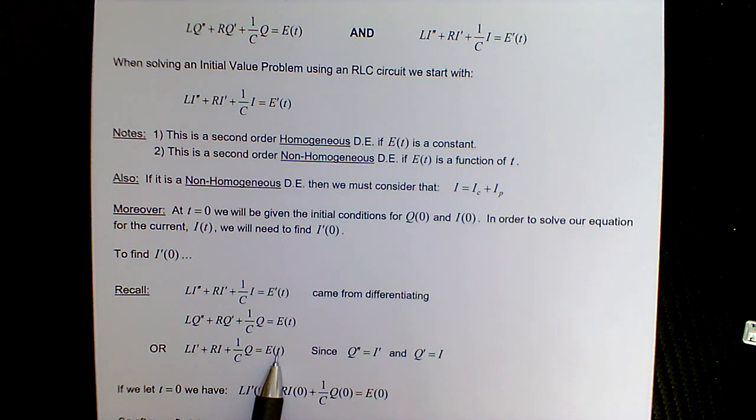And we also have to calculate E of 0 as well. And so if we let t equal 0 in this equation, this is what we come up with.